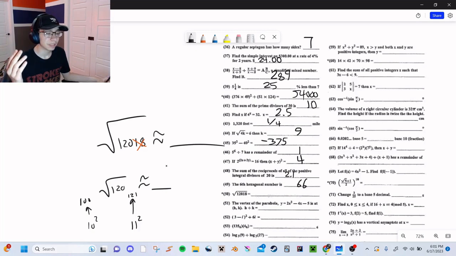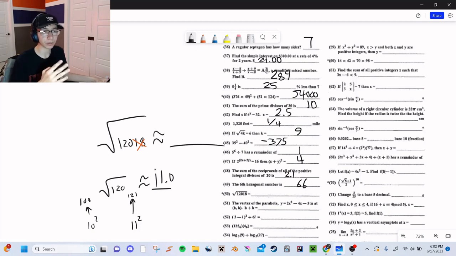Now before I write 11, I gotta think. It's slightly less than 11 squared. So should I put like 10.9 or 10.8 instead? Well, because it's really, really close, only one away from 11 squared, I'm not gonna bother with that third decimal point. I'd probably guess it's like 11.0 and then something. So I'll say it's about 11.